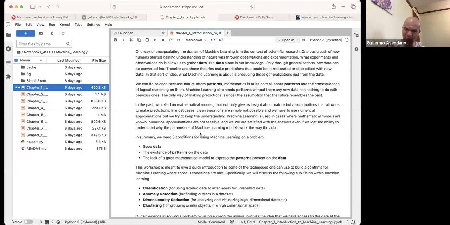So having good data is also having a good amount of data. Another thing is having a pattern for the data.